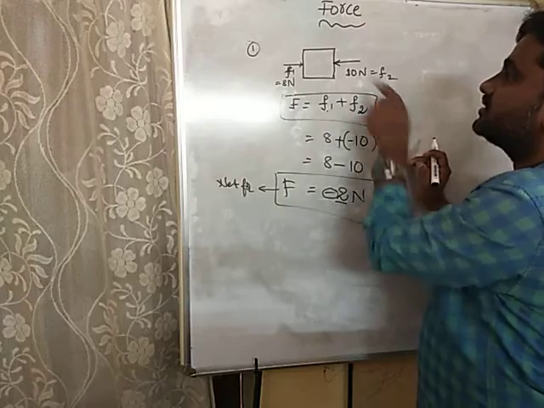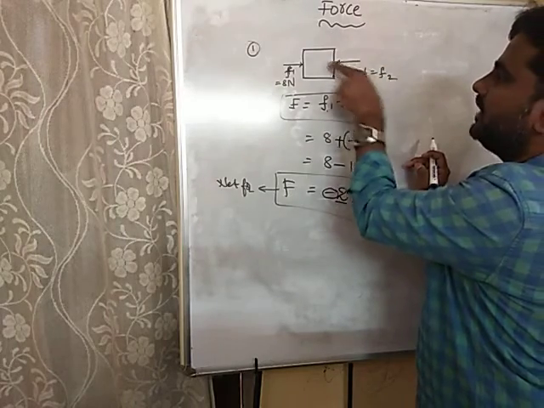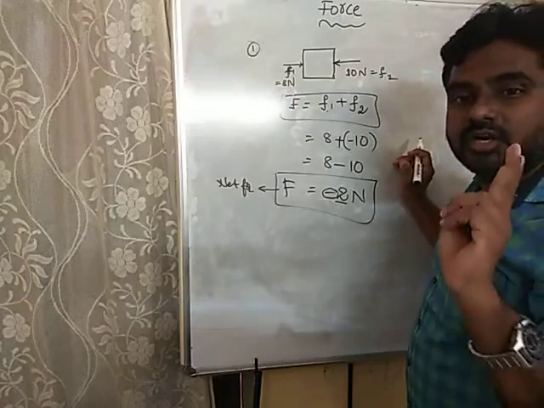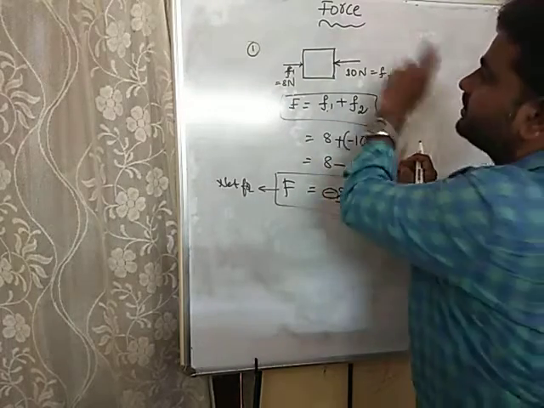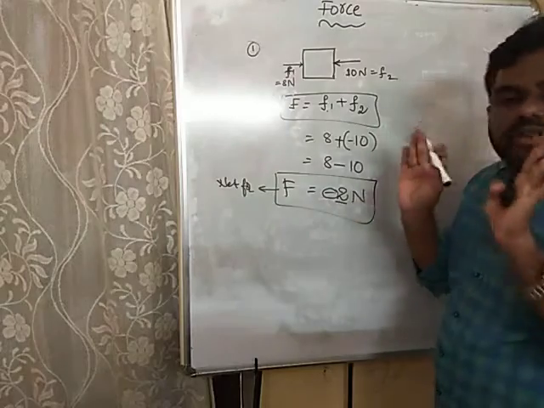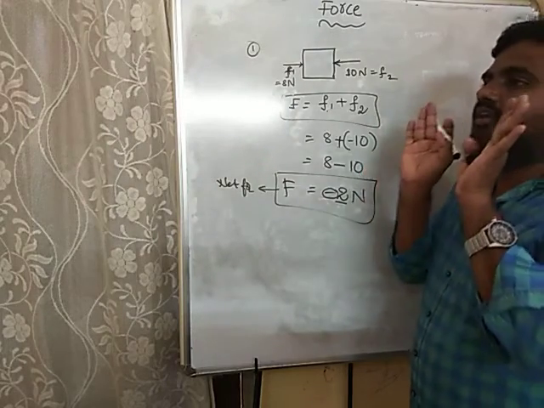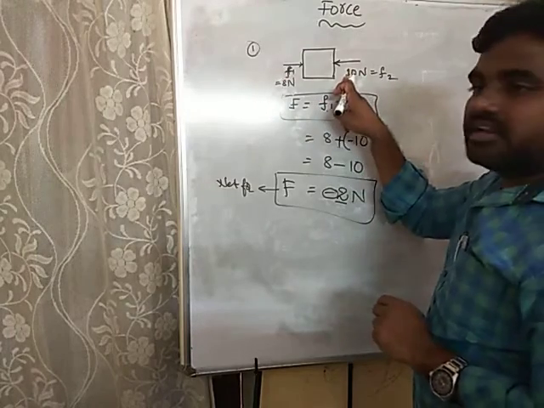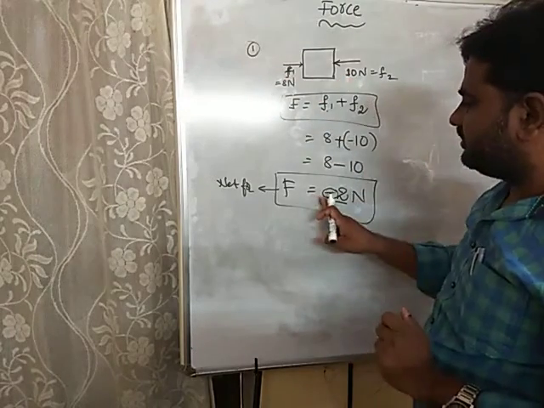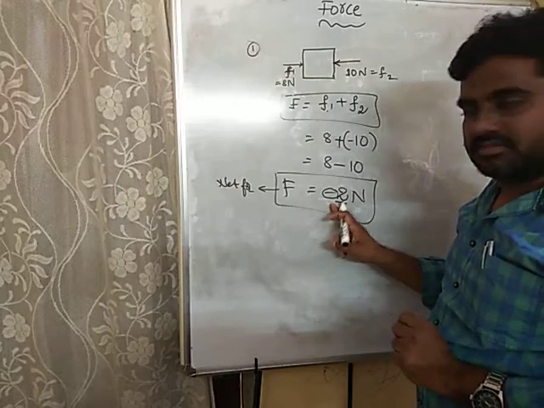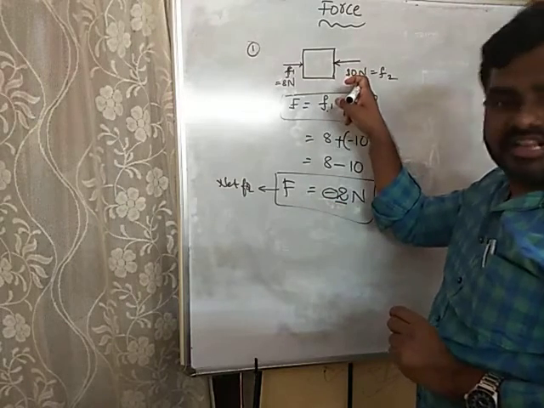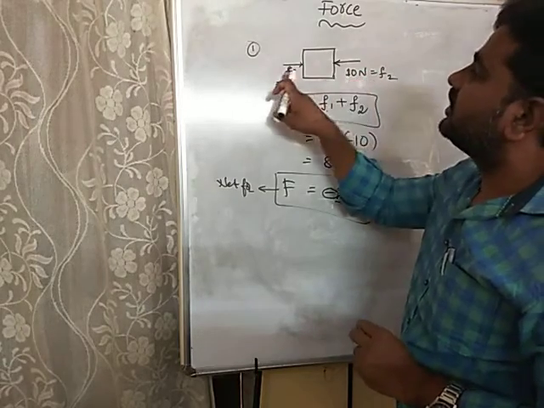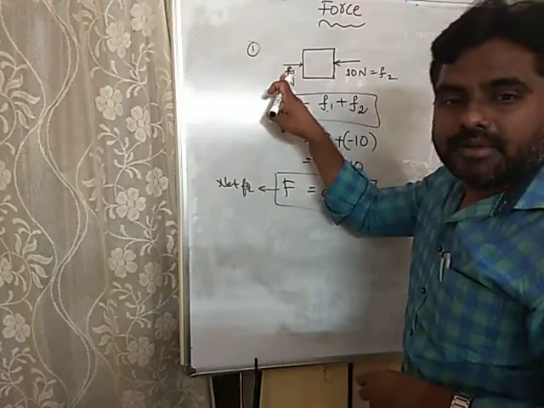The other person is pushing the same body with 10 newtons, so he is pushing with 2 newtons more than 8 newtons. So immediately the body will move in the direction opposite to F1. Whenever it is in the opposite direction, the value will become minus. The minus sign indicates the direction opposite to the applied force.